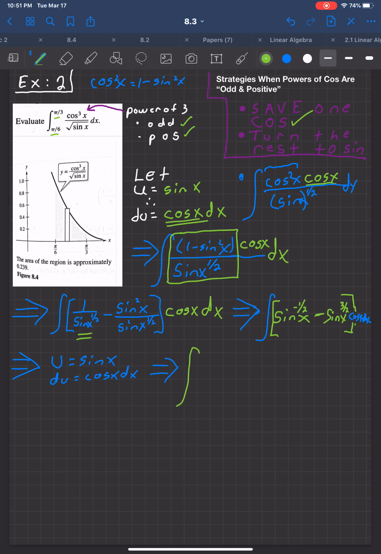Ready? Let's go. So we're going to integrate sine to the power of negative 1/2 of x. I still have, remember this cosine? It's been there for the ride, coming along with us for this next step. Minus, now we have the integral of sine of x to the power of 3/2. And again, this cosine has just been along for the ride.